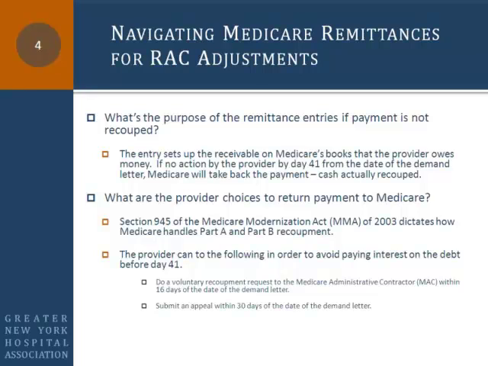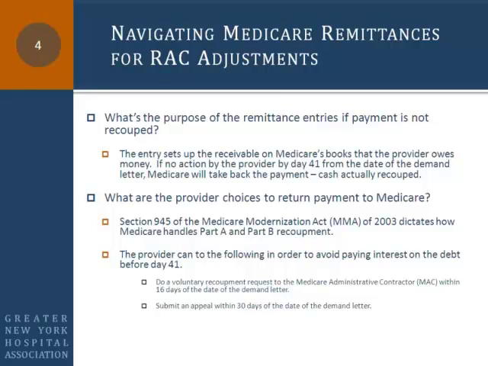According to Section 935, a provider has a few options with respect to Medicare recoupment. Providers may do an immediate voluntary recoupment or submit an appeal within 30 days of the demand letter, which stops the interest clock.